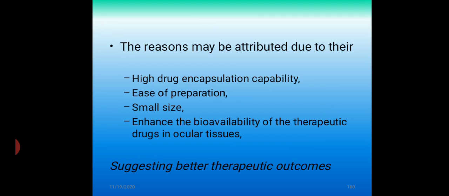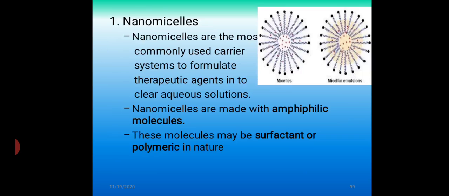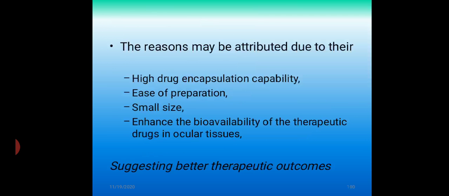What is meant by higher encapsulation capacity? You have seen the structure of the micelle. It is spherical in shape and it has certain cavities. The encapsulation efficacy explains how much drug can be incorporated inside these vesicles.